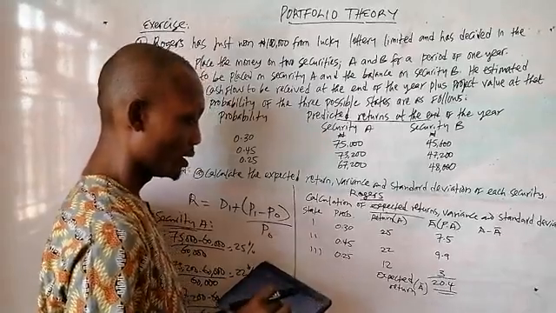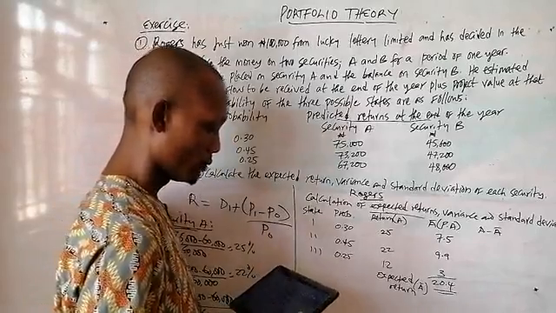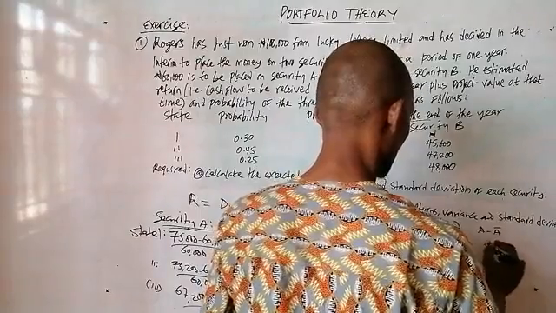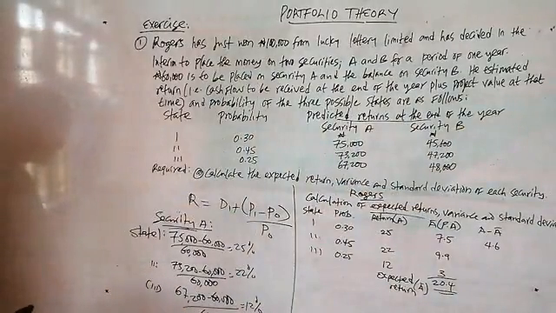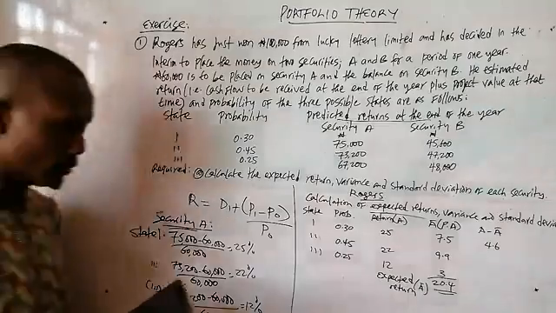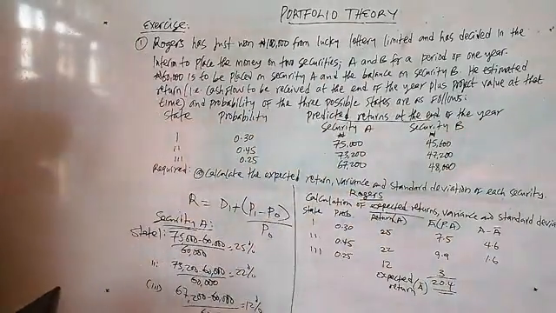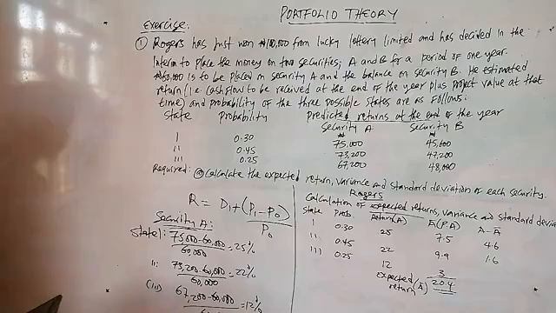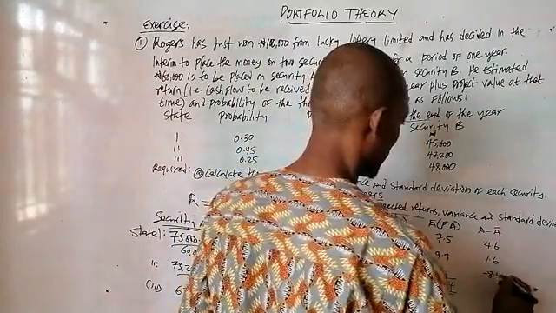So we have 25 minus 20.4, which is 4.6. 22 minus 20.4 is 1.6. 12 minus 20.4 is minus 8.4.